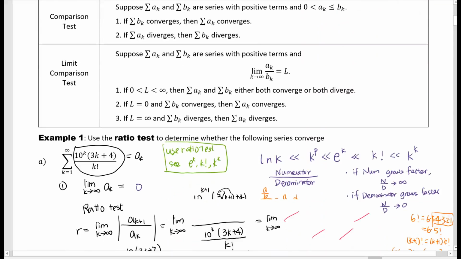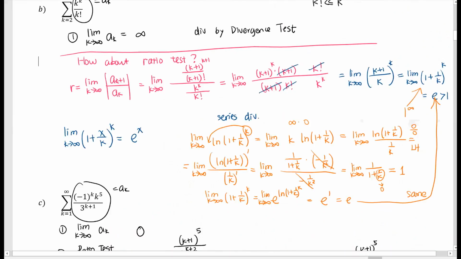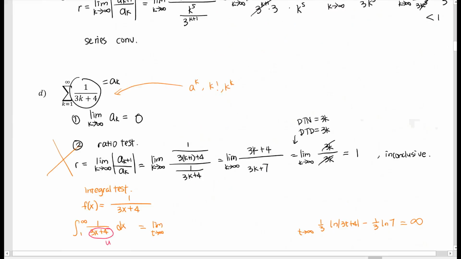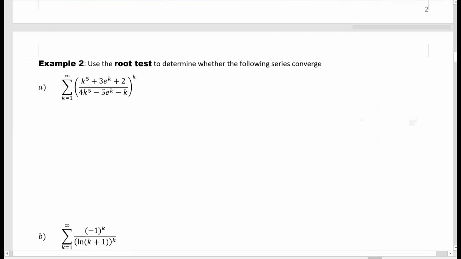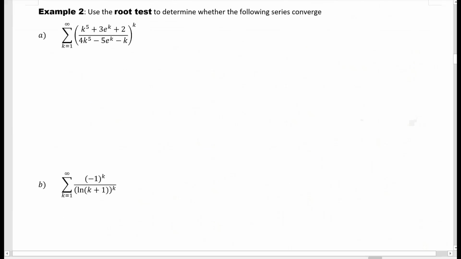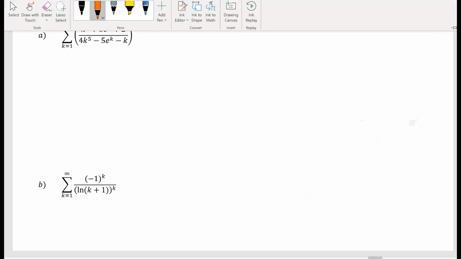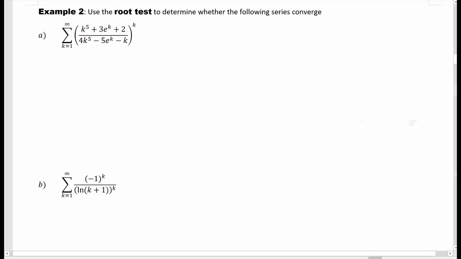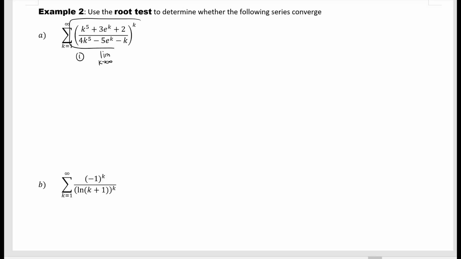Okay, so let's look at our example. All right, so first, you can compute the limit of the sequence. So this is a sub k.